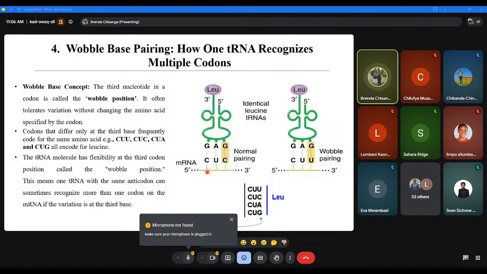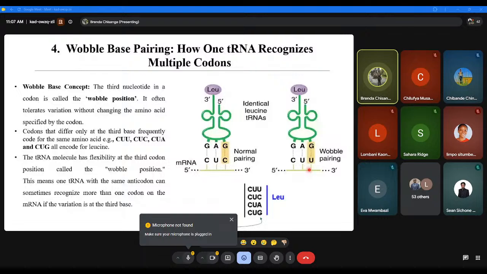Yesterday, we said we can number the codon as having the first position, second position, and the third position. What you see in this slide is leucine. And here we can see that we've got our mRNA, and what is bound to it is a tRNA. We're going to look at tRNAs very soon. In this slide, what we just want to focus on is the codon that is on the mRNA.